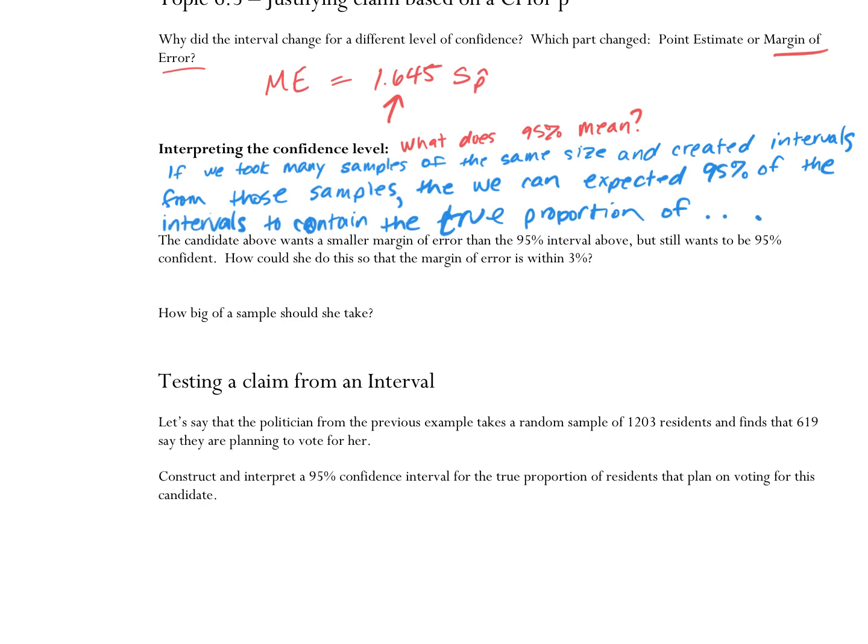So it would be the true proportion of residents who plan to vote for this candidate. Okay.